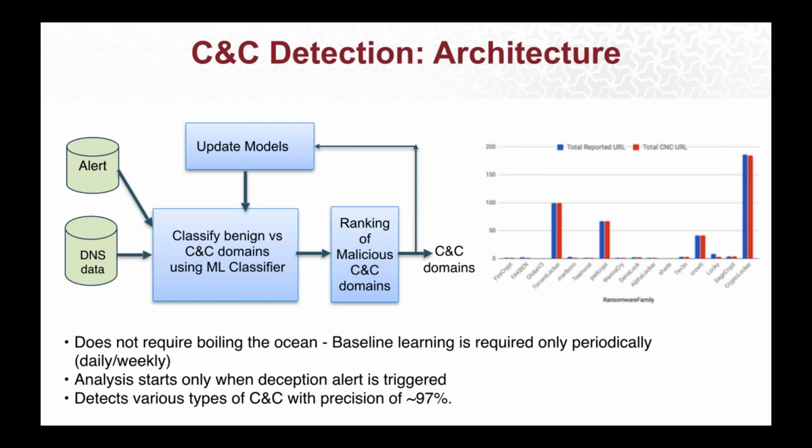On the right side, this shows the ransomware family names, and then it shows the number of URLs which were reported by this particular algorithm. And then the actual CNC URLs are shown in red. So there is a good match, nearly 97% precision. We are able to detect them. So let's see a demo of this.